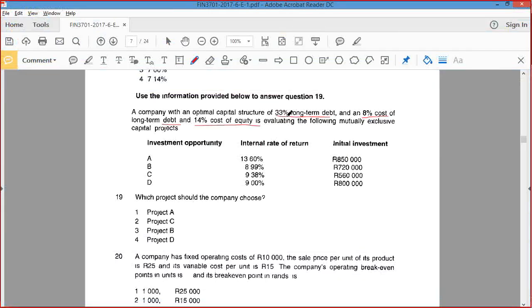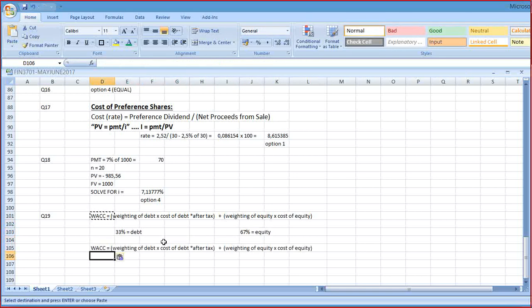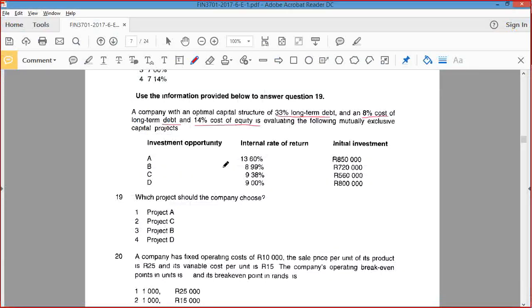Okay, so if I'm using 33% long-term debt, that means the equity would be how much? The remainder, right? Yeah. 67%. Yeah. Okay, so the debt is obviously got the after tax because you get the tax benefit on the interest portion of it. Yes.